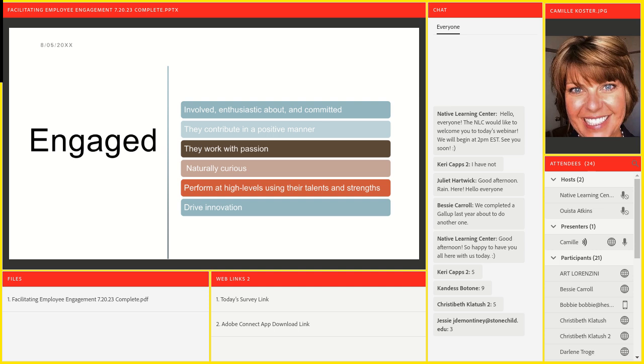So what does that mean when somebody is truly engaged? It means that they are involved in, enthusiastic about, and committed to their work and their contributions to the organization. They're positive. They come to work positive. They work with passion. They feel a profound connection to their company.